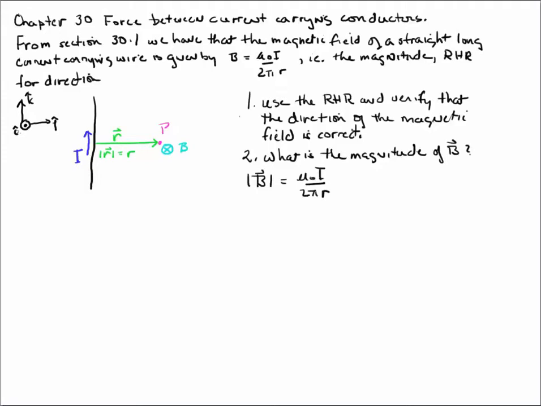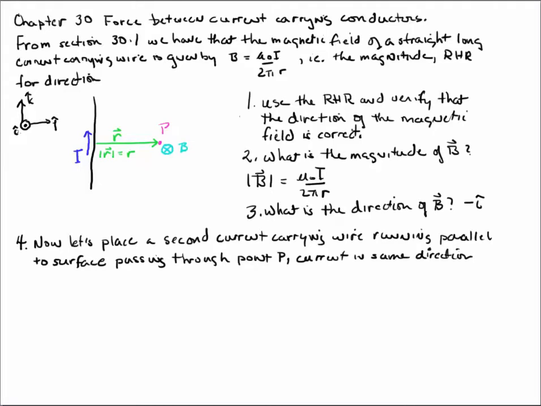Of course, that is simply mu naught I over 2 pi r. What is the direction of B? Can you write that in terms of the unit vector? Pause the video. And of course, that's going to be in the minus i direction.